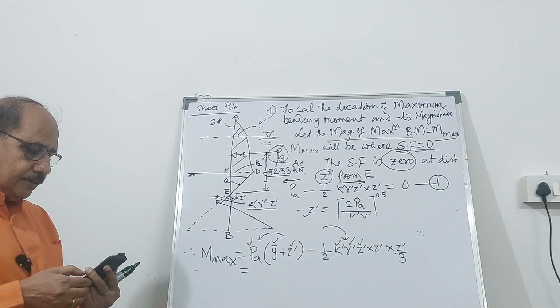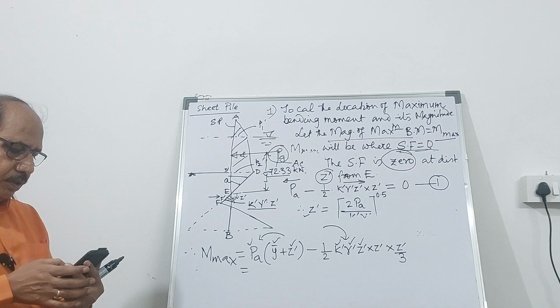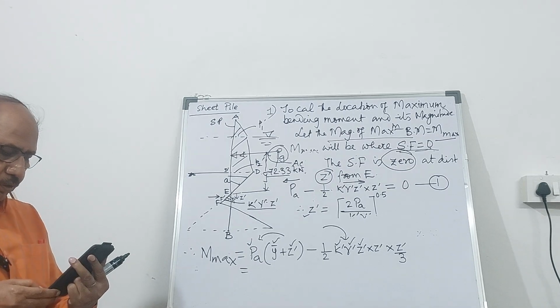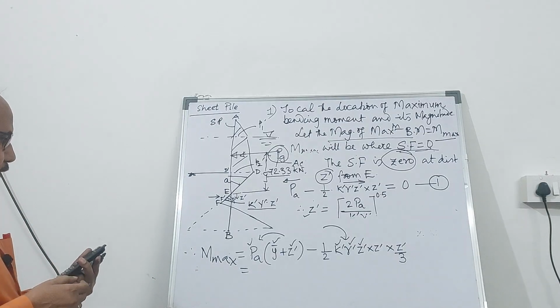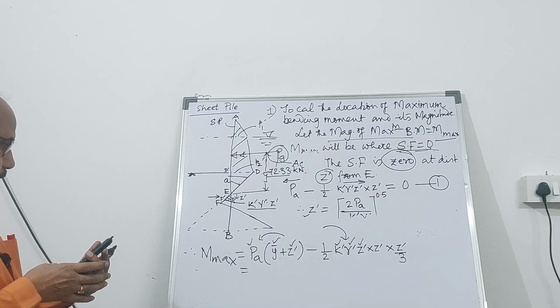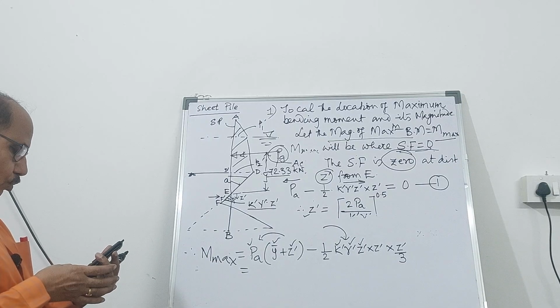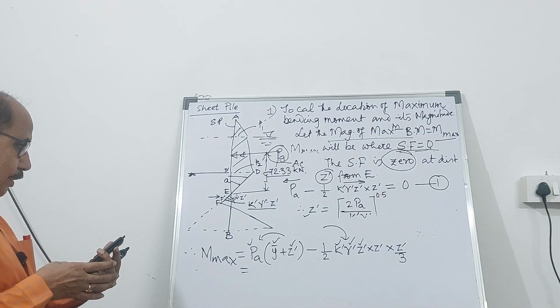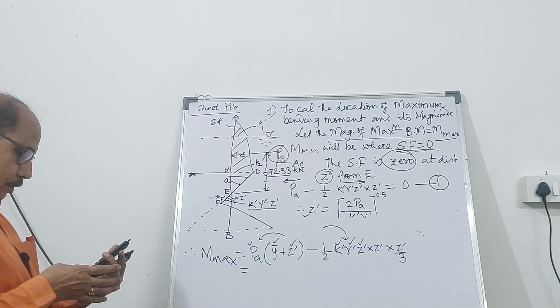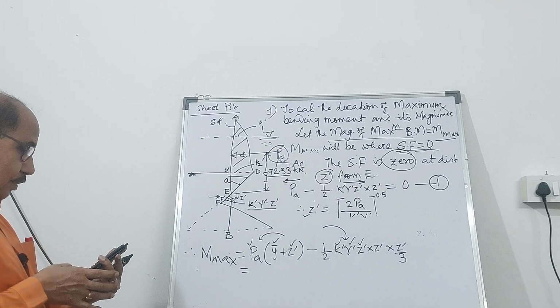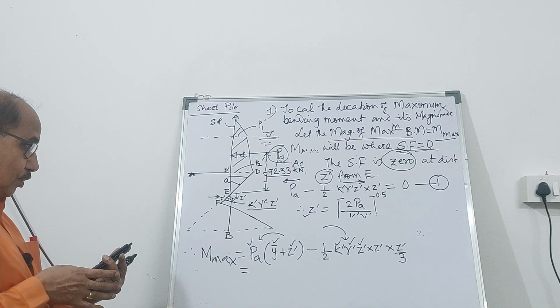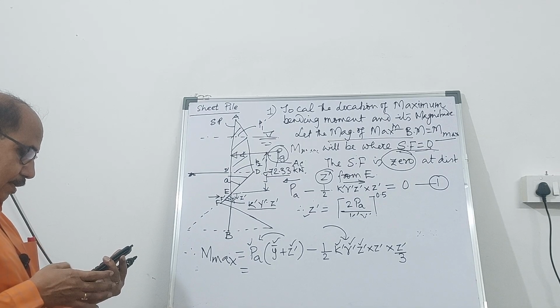So if I calculate, please refer to the previous video also so that you can find it out. M max equals Pa, 72.33, into Y bar plus Z bar, minus 0.5 into K prime into Z prime cube divided by 3.